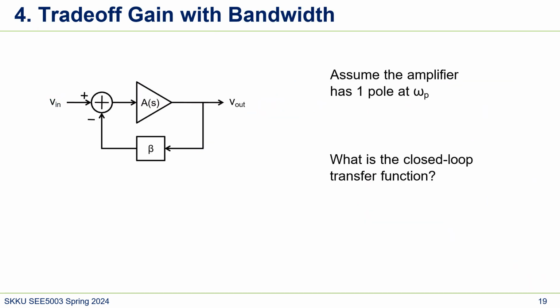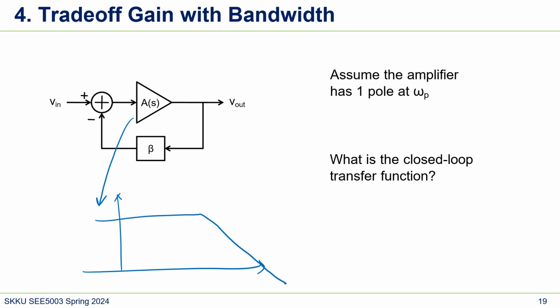Next is the trade-off between gain and bandwidth. Let's see what it means. Assume the amplifier has one pole at WP. If we plot the Bode plot, it's like this. We have gain here, and this is the pole at WP. How does the closed loop transfer function look?